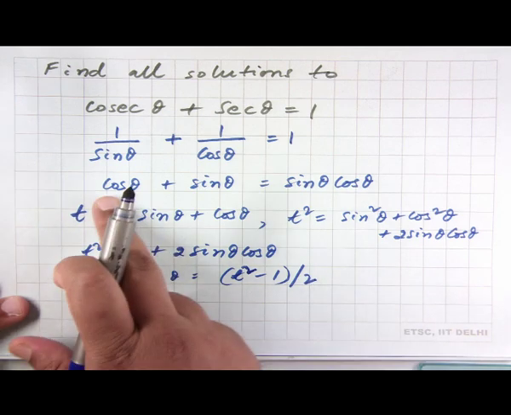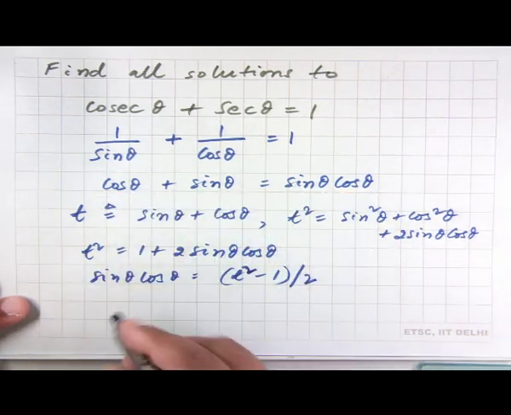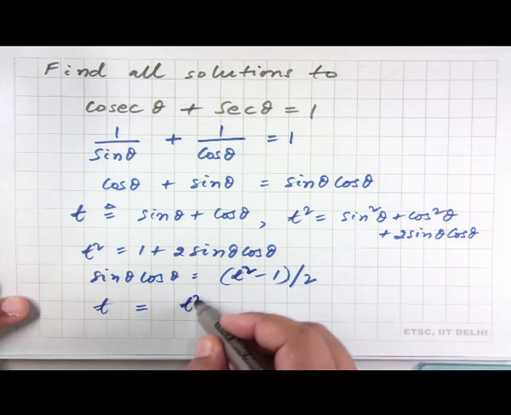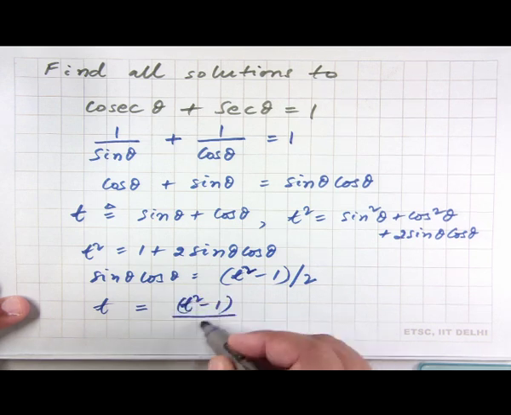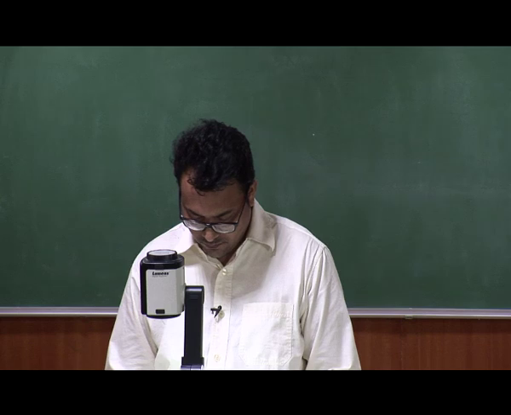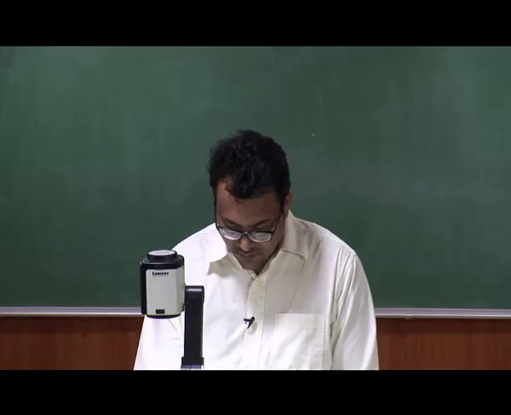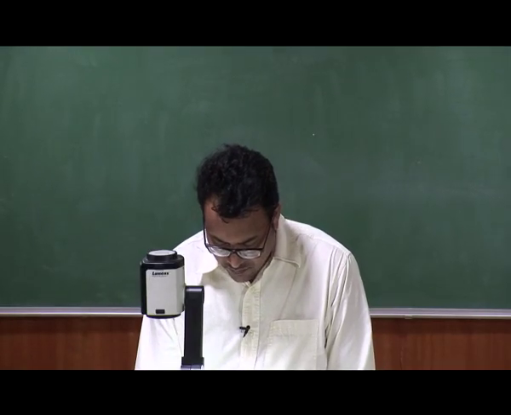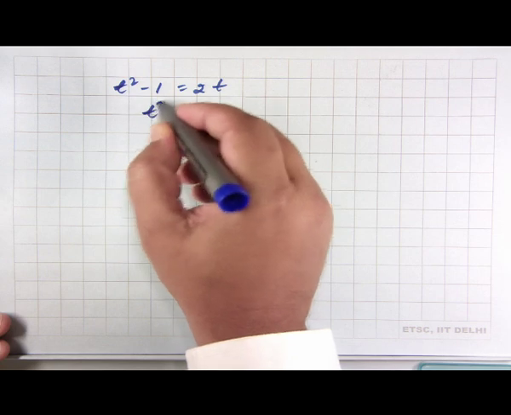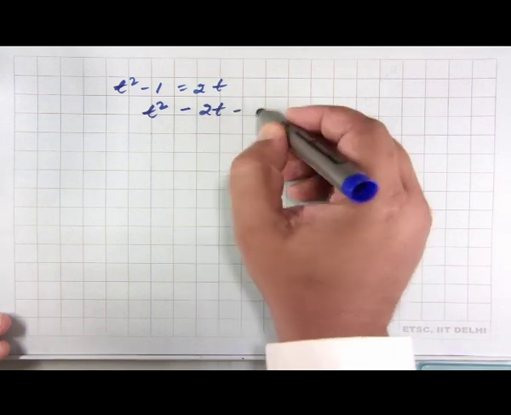So, now if we go back to the trigonometric equation, the left hand side was t, and the right hand side is t square minus 1 over 2, and t has been defined to be sin theta plus cos theta. So, the equation in terms of t becomes t square minus 1 is 2t, or t square minus 2t minus 1 equals 0.